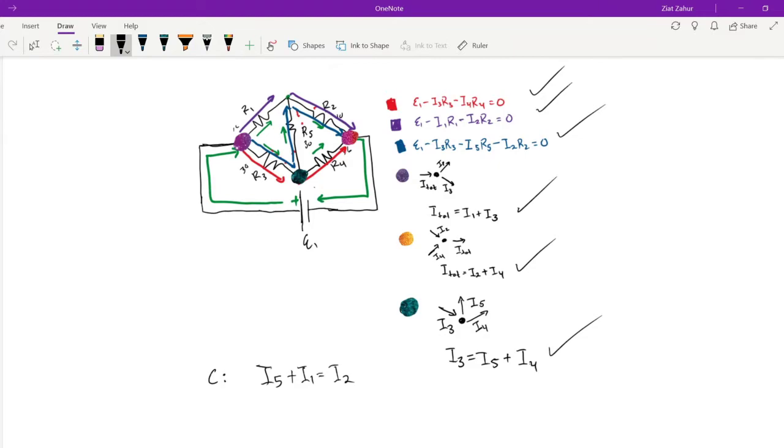At least based on how we drew the arrows initially. Again, you can just arbitrarily pick the direction of the arrows. You just write your equations, you solve for your variables. Now, if your current comes out negative, that means you chose wrong, and it is the opposite direction instead.